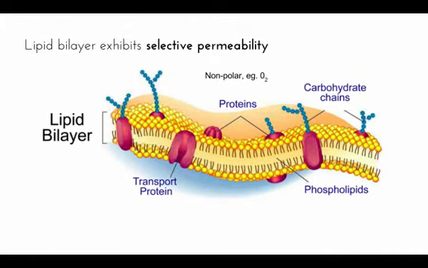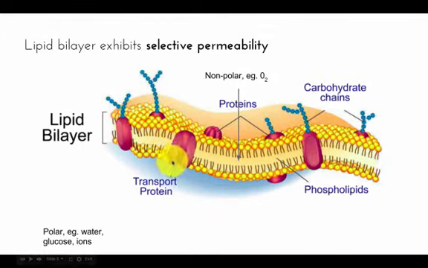Things that are non-polar, such as oxygen or carbon dioxide, can easily move through the phospholipid bilayer, as I've shown there. But polar substances, things like water, glucose, ions, have a really tough time diffusing through this phospholipid bilayer. It wouldn't happen very readily, so what they need are these proteins that are embedded in the membrane just there.